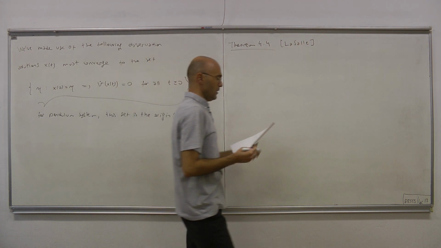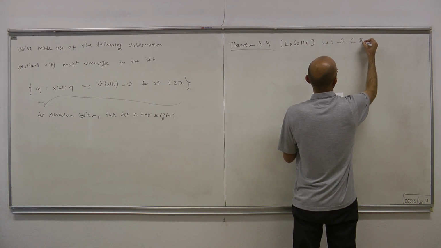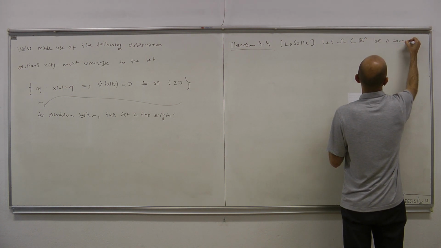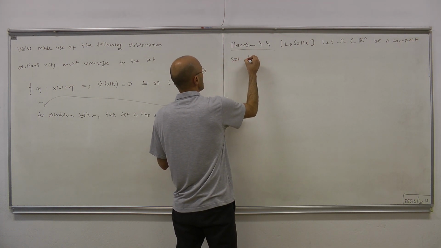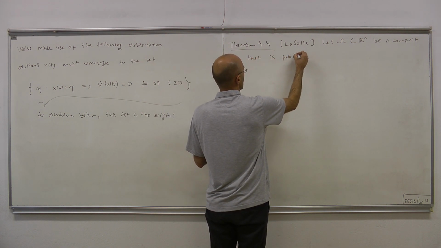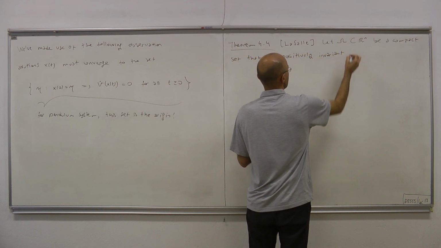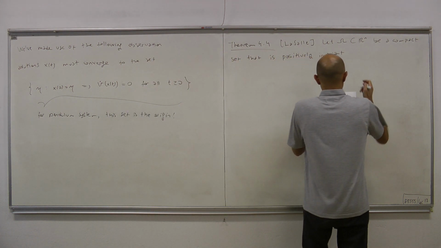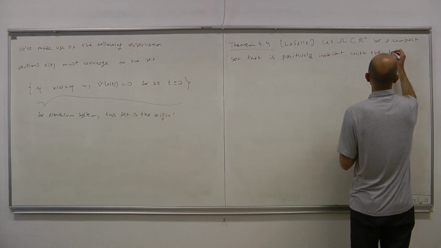Let omega be a closed and bounded, in other words, a compact set, that is positively invariant or forward invariant with respect to the system x dot equals f of x.